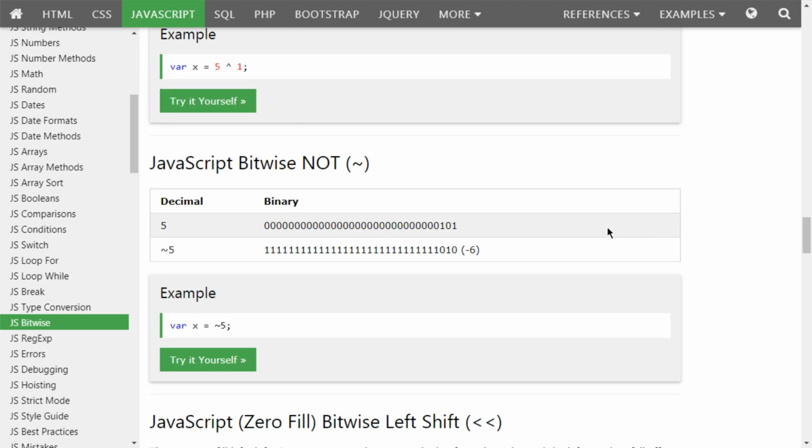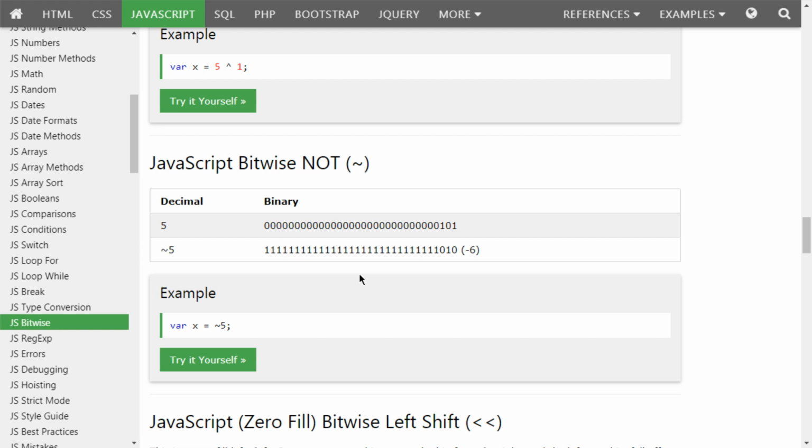So did we have that? Yeah, here we go. So not 5 over here. Not 5 is where we switch every single one of the bits, and we find that what we get here is actually -6. So this not operator is kind of strange because the way it works, it technically multiplies the number by -1 and then subtracts 1 from it. That's essentially what it's doing.